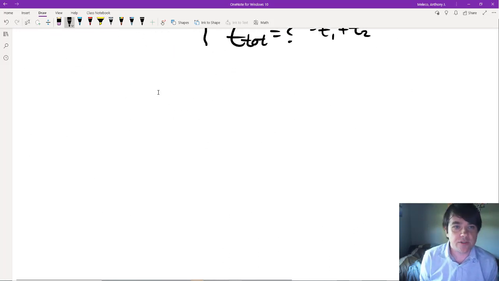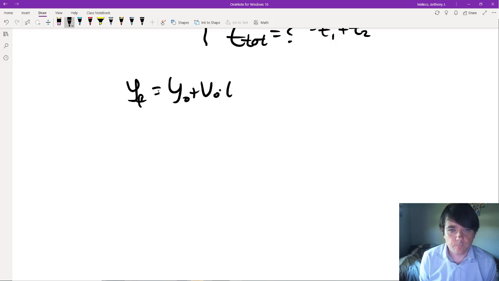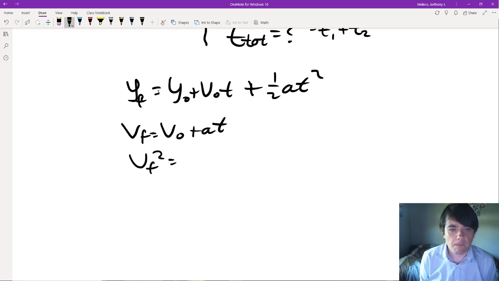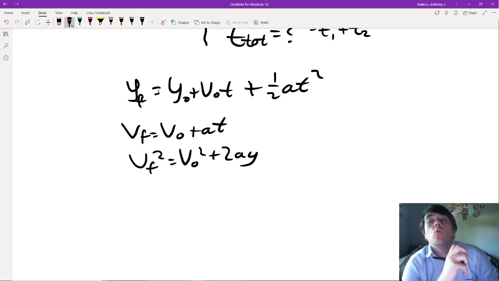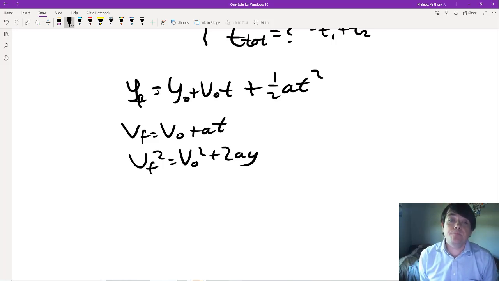Let's list some equations out and see what can help us. Okay, so here's what we got. Let's look at this. We don't know time, nor do we know position.